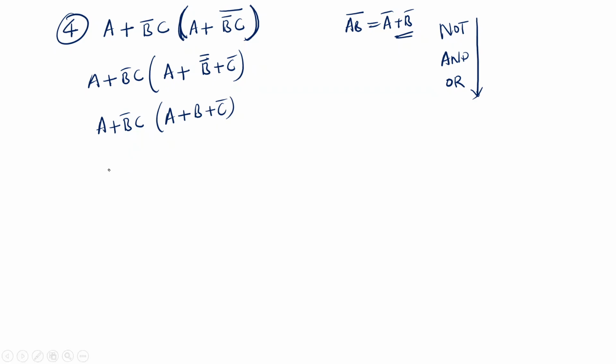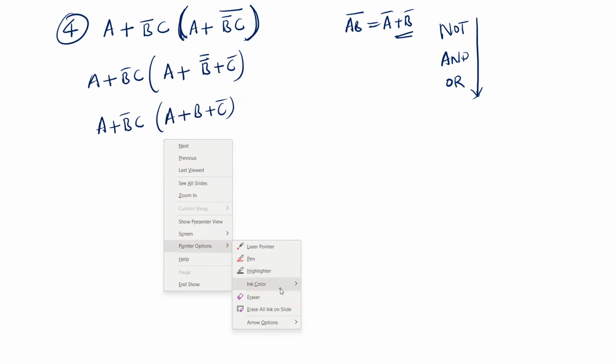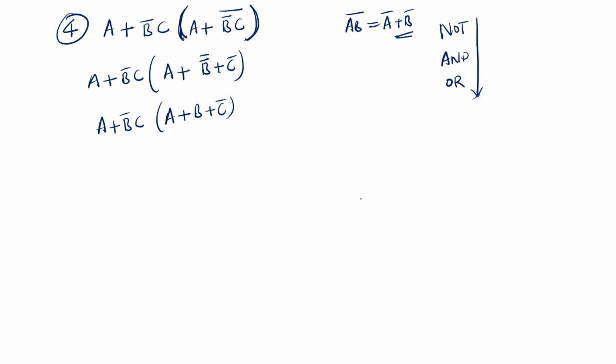Next you multiply. Here A + B bar C times A + B + C bar. You get A, B bar C plus B bar C B plus B bar C C bar.